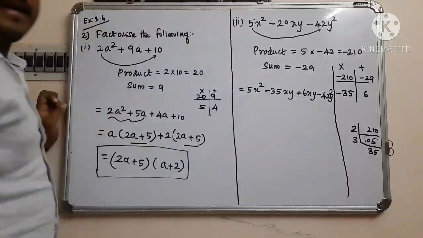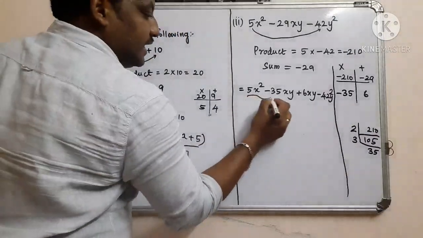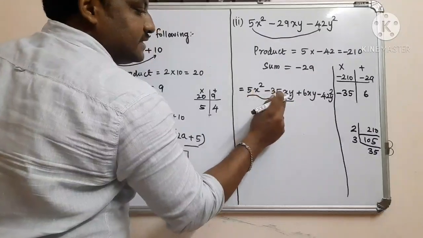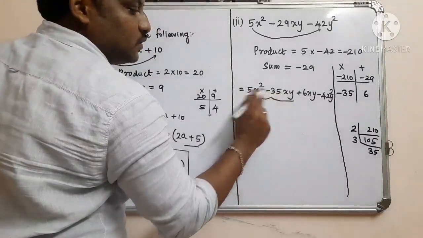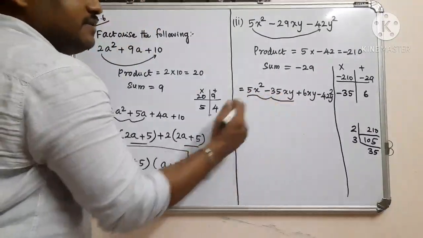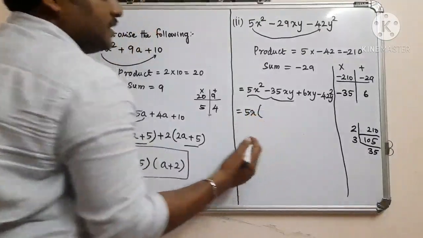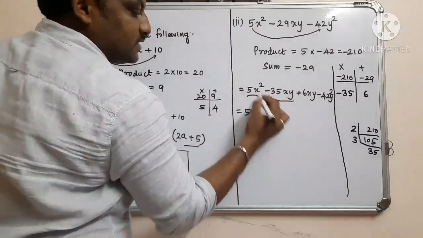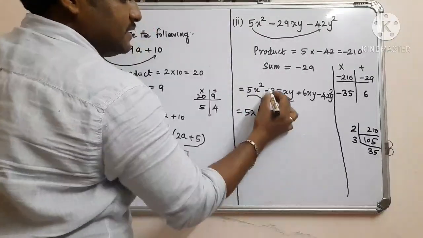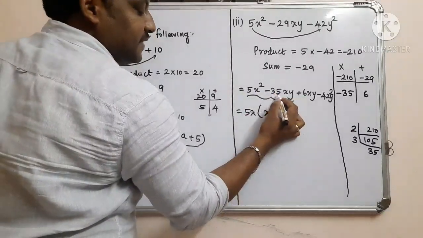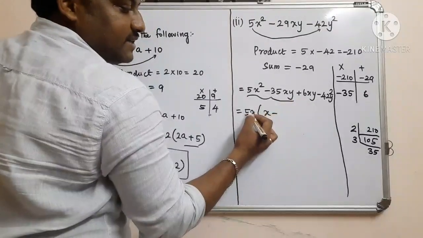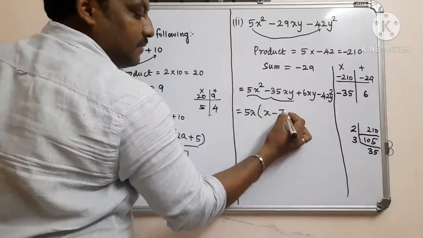Minus 42y square. Now we can take x and also 5 as common terms, that is 5x into, here the remaining is only one x, x minus, if we take 5 as common, the remaining term is 7.